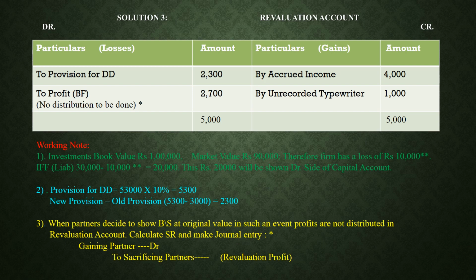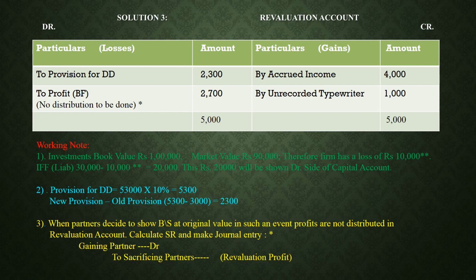This means कि investments 10,000 rupees की हमारी less हो रही हैं, whereas liability side पे investment fluctuation fund जो कि एक backup है that is available for 30,000. हमारा loss है 10,000, वो इस 30,000 में से 10,000 सब्ट्रैक्ट करके जो बैलेंस 20,000 है that will be shown in capital account debit side and 20,000 will be distributed among the partners in their old profit sharing ratio.